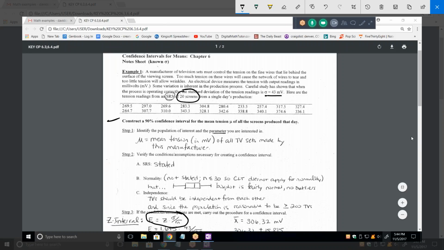The central limit theorem basically says this, that if the population is greater than, I think, 30 times the sample, then even if the population is not normally distributed, our samples will be, if we were to take numerous samples.